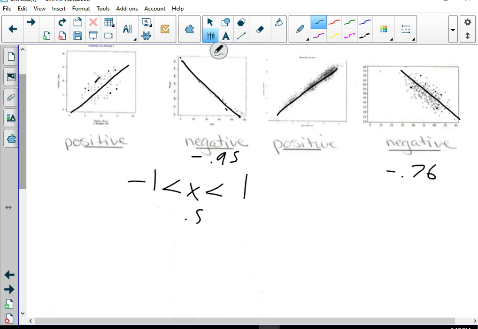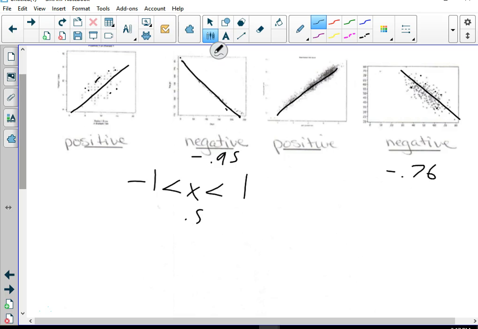Okay? Should be writing this down. This is important. I'm telling you this is going to be on the test. So not only do you need to know negative positive, I'm not going to have you calculate the numbers, but you've got to be able to recognize. If I give you a choice, and I said, okay, one of those is negative 0.95, one of those is negative 0.76. You got to be able to distinguish. The one that's closer to the strip is the number closer to 1 or negative 1.